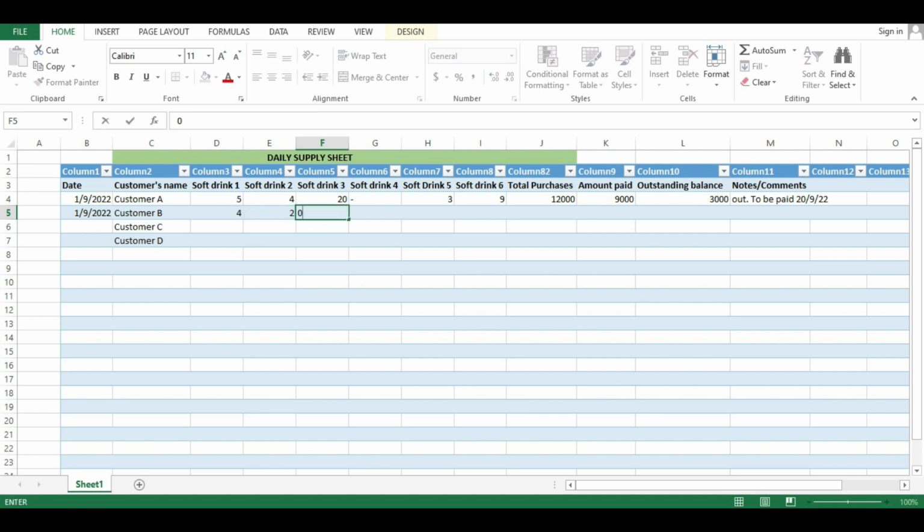Now, okay, I think it's better to use 0 for this. Okay, I'm just trying to fill in figures that each customer took. Depends on the product you actually distribute, and how it is.